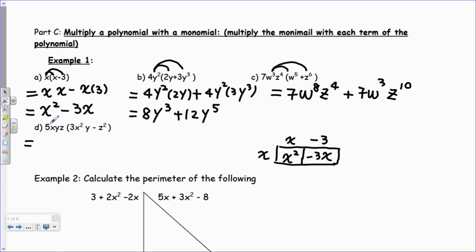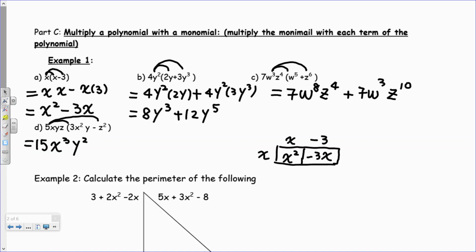Then the next one, the monomial times each term in the bracket. So 5 times 3 is 15. X degrees add together, 1 plus 2, same variable. Y, 1 plus 1 gives you 2.